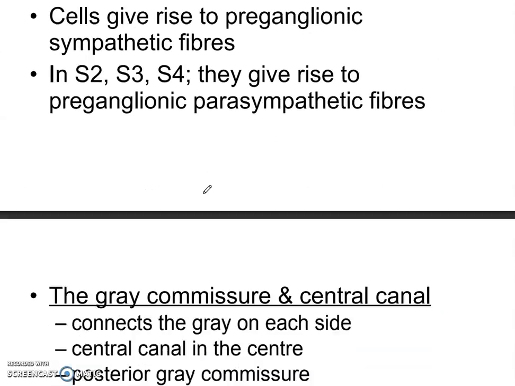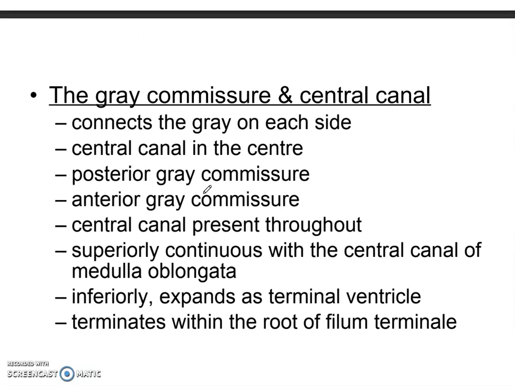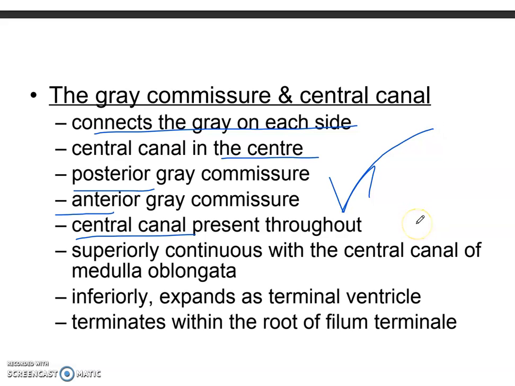We are not going to go into detail now. There is the gray commissure on the central canal, and it connects the gray on each side, and it is in the center, and there is a posterior gray and anterior gray, and the central canal is present throughout the spinal cord. That is an important point to remember.